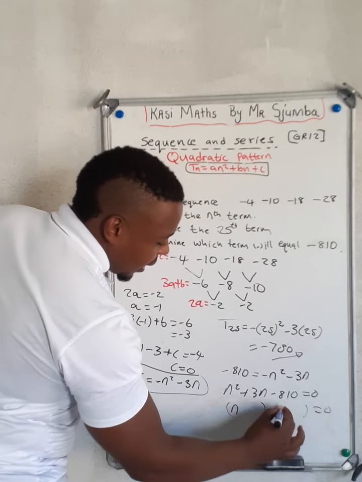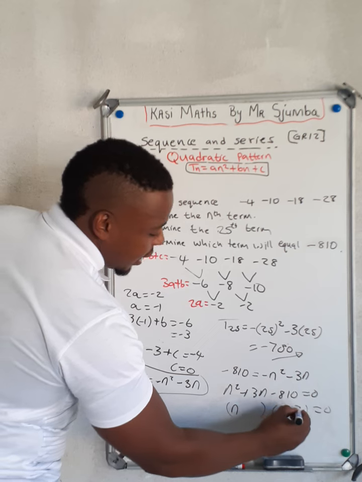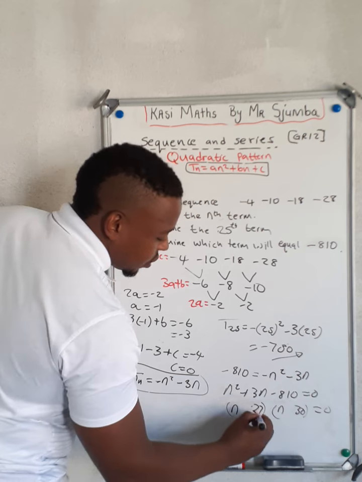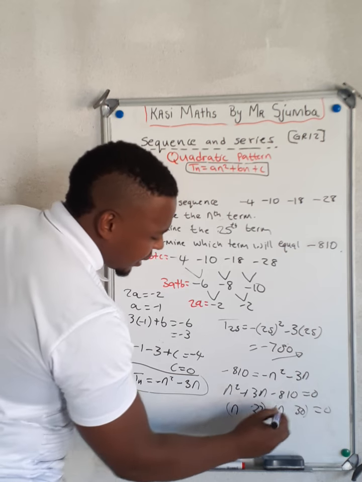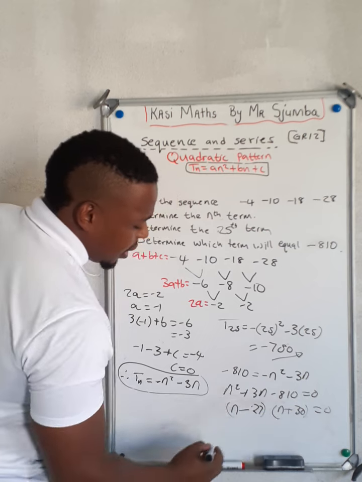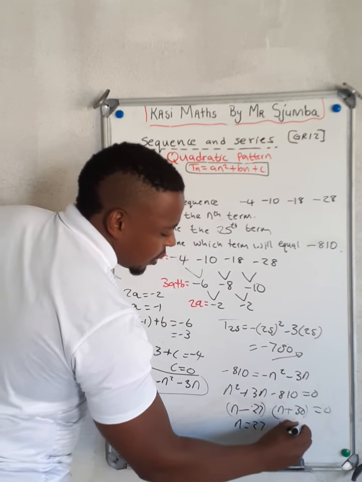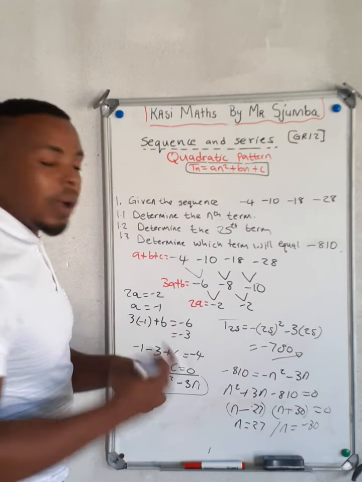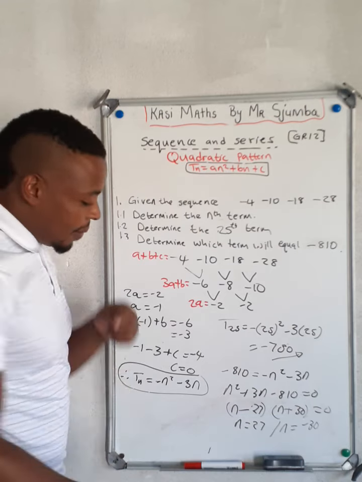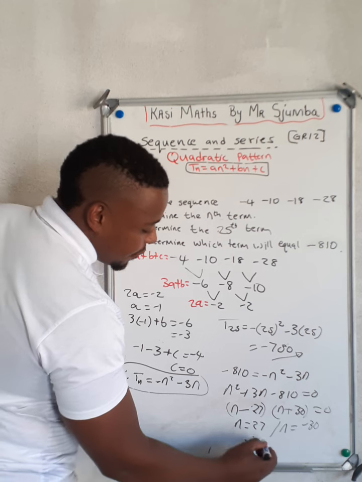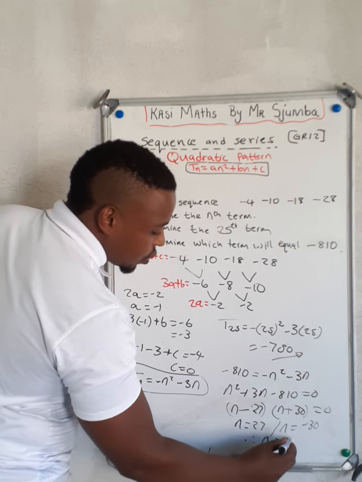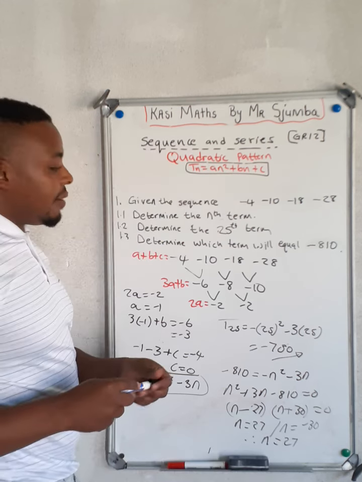So it's going to be n and n; 810 is going to be 30 and 27, negative and plus. Then our n will equal 27, and the other n will equal negative 30. So n cannot be a negative number. So we're going to say, therefore, n will equal 27.